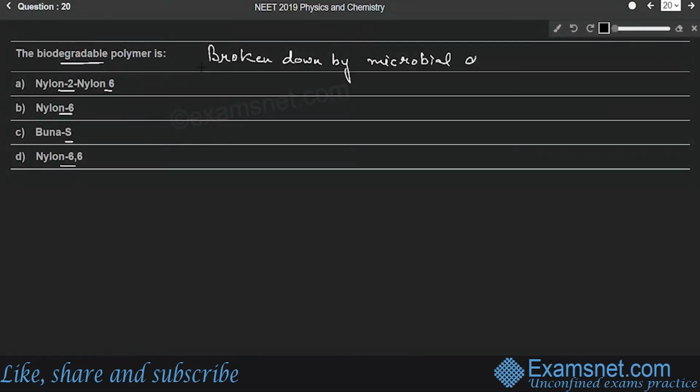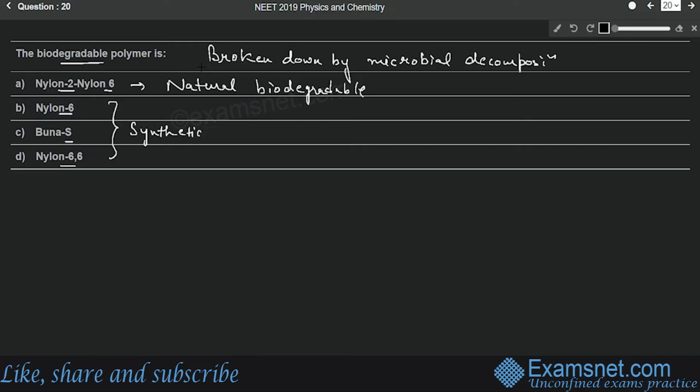So microbial decomposition. Now we know that for decomposition it should be a natural polymer, right? So the first one, nylon 2, nylon 6 is a natural biodegradable polymer. Therefore option A will be the correct answer, okay? Whereas all the other options are synthetic polymers.